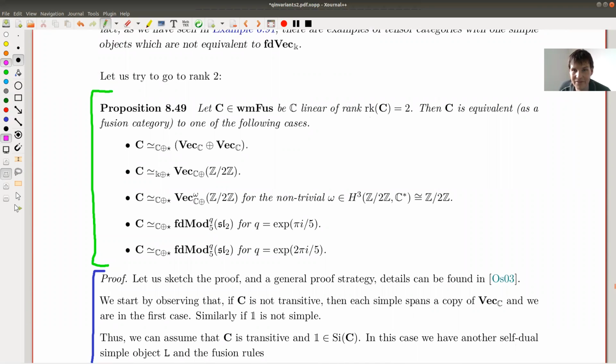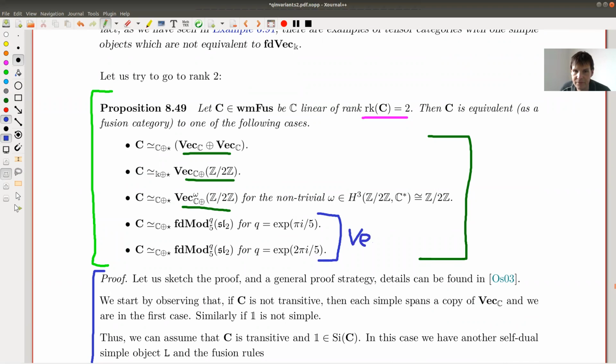The next step would be rank 2. And you already see 5 cases of what could happen in rank 2. For rank 2, fusion categories are equivalent to 2 copies of vector spaces, Z mod 2 graded vector spaces, twisted Z mod 2 graded vector spaces, or 2 versions of those Verlinde things I showed you above.